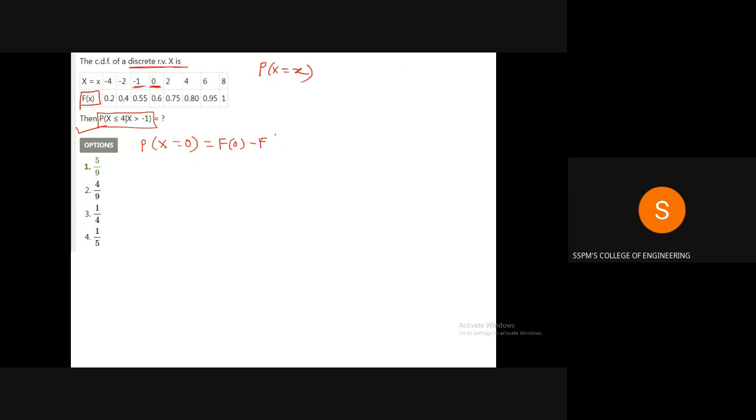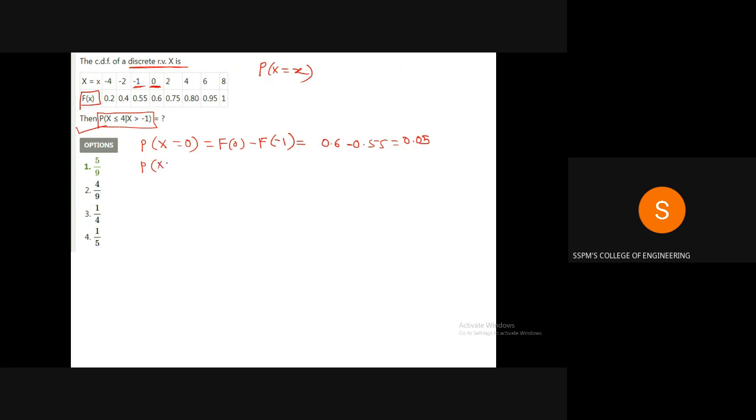That is 0.6 minus 0.51, which is equal to 0.05. Similarly we will find the other probabilities as well.